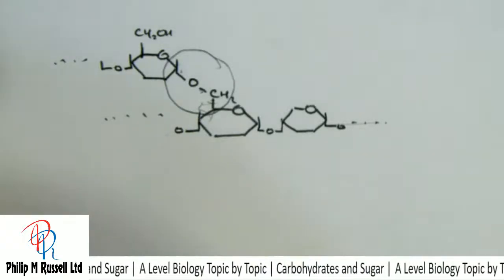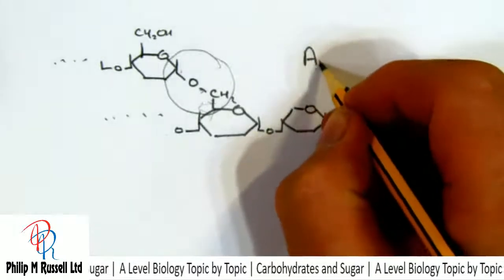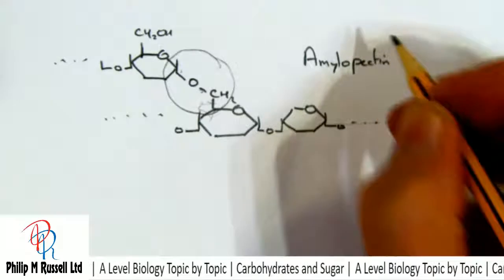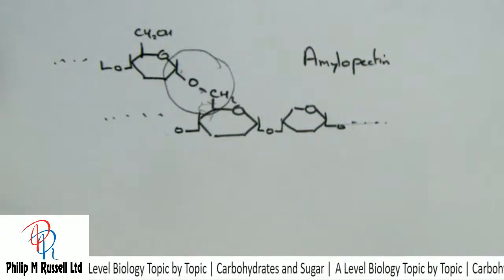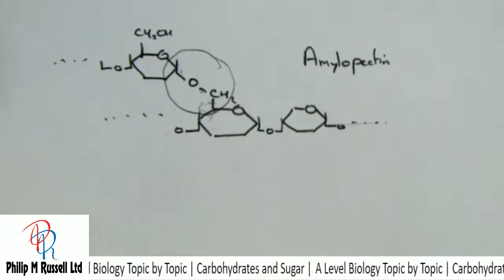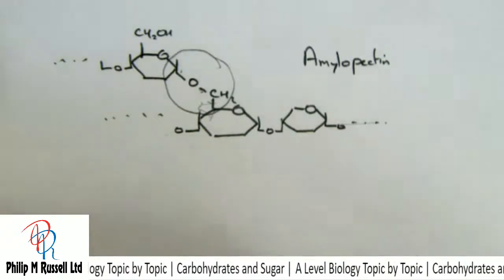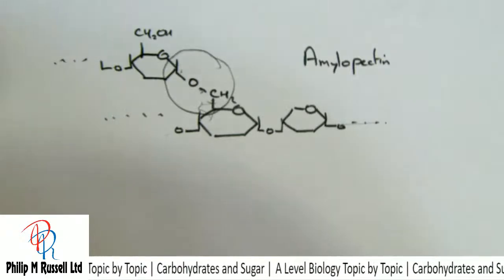Now, this starch is called amylopectin. So amylose was simply made by 1,4. Amylopectin is made up from 1,4 glycosidic bonds between the alpha glucoses, but also some other 1,6 glycosidic bonds.